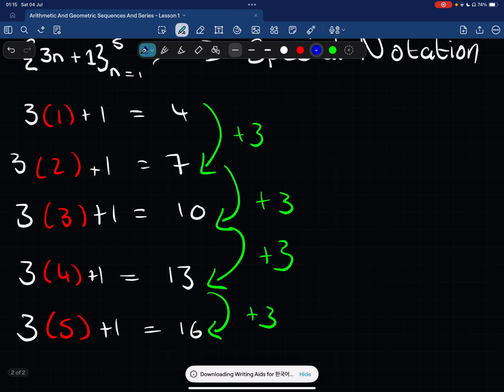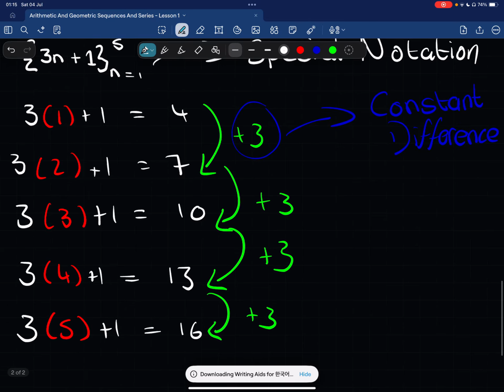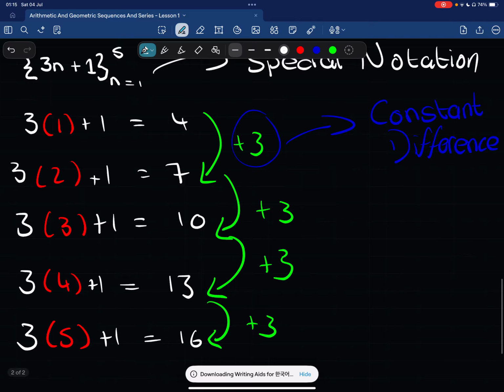This 3 over here is known as the constant difference. The first number of our sequence, which is 4 over here, is known as the first term, which is also known as A.